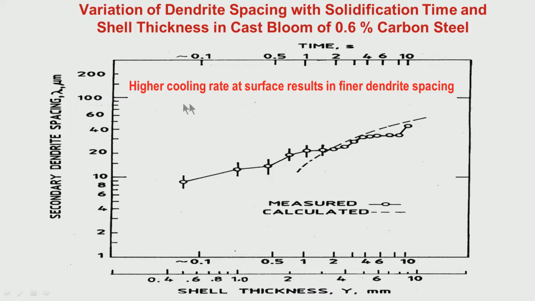What is the dendrite size there? It started with 10 micron, now it has become coarse, maybe 60 micron. So, as you are going inside the cast product, your dendrite size is becoming more and more coarse, because the cooling rate is becoming less and less as you are going inside. So, at the surface you have fine structure, at the inside you have relatively coarse structure.